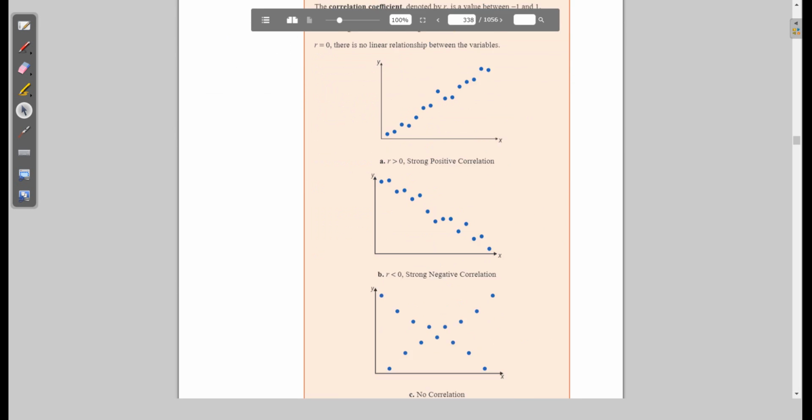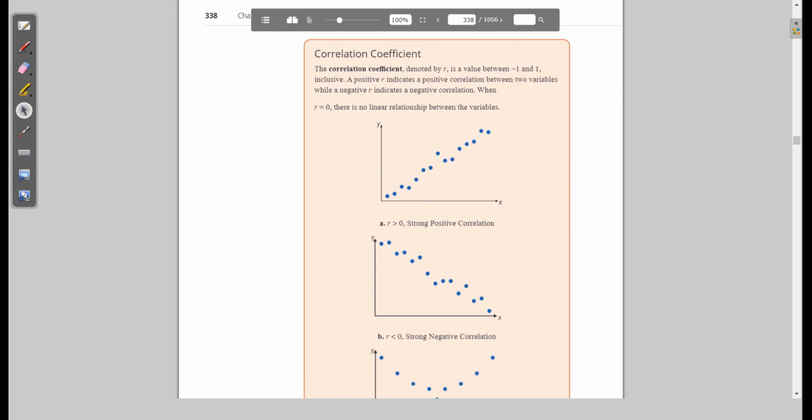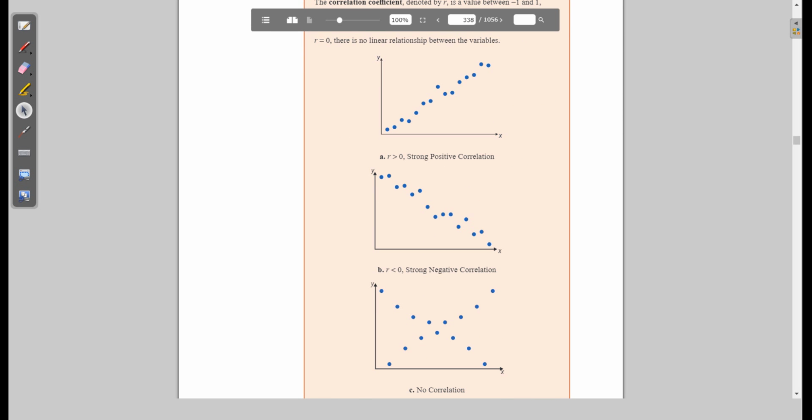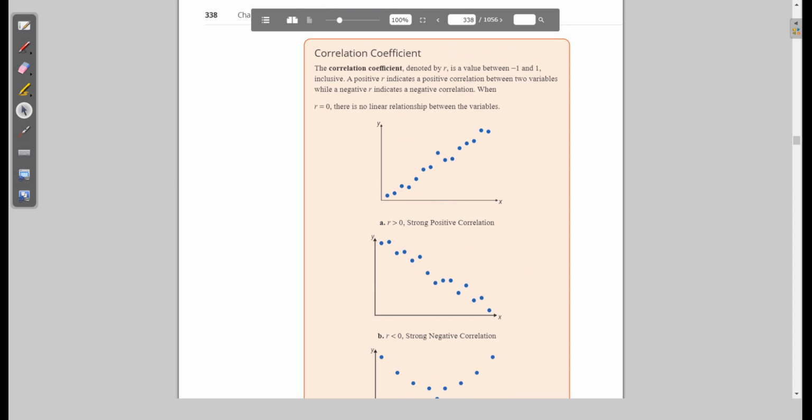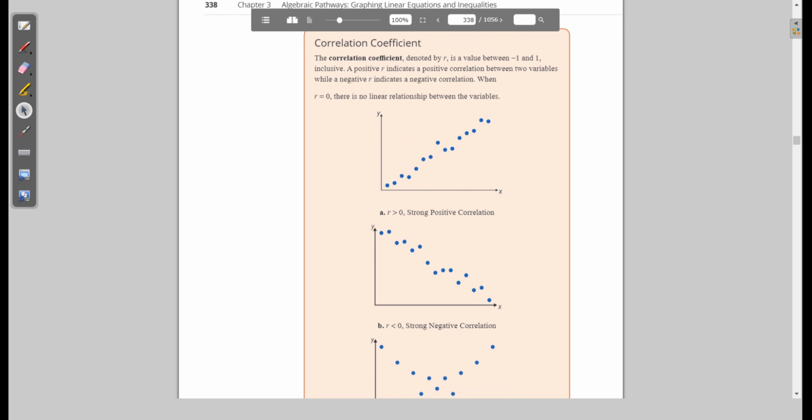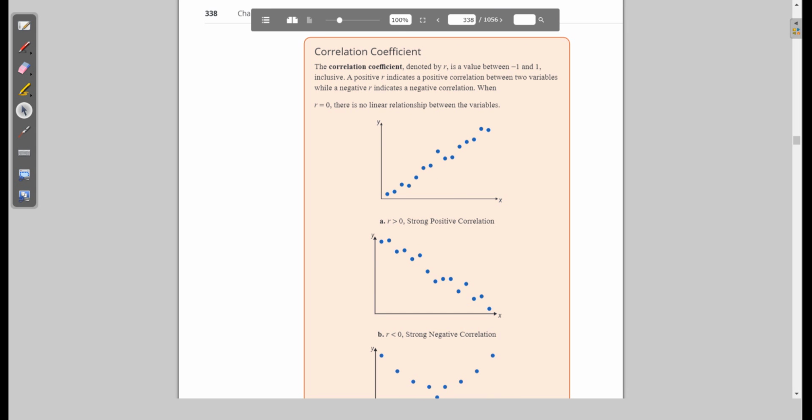Hmm, that's unfortunate. I'd like to fit this on one page. Maybe I can make it a little smaller. Okay, so I guess that button doesn't work. Okay, so we'll just deal with it.